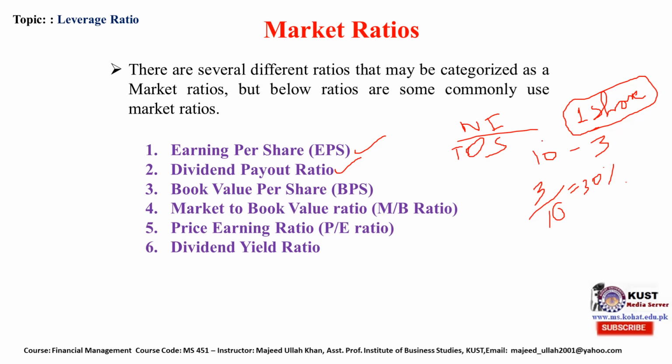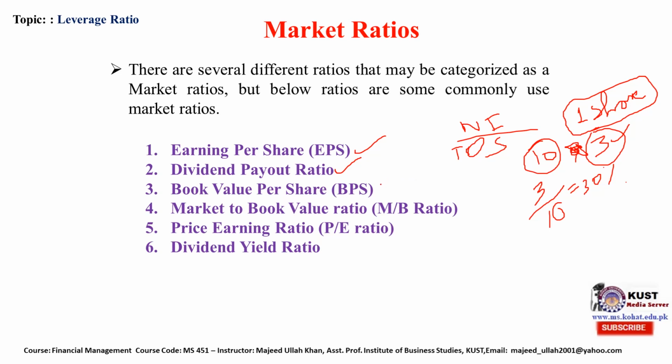Again, if a company earns 10 rupees on 1 share, the earning per share is 10 rupees, and the company announces 3 rupees dividend per share. Per share means if anybody holds 1 share, he will get 3 rupees. So this 3 rupees is dividend on each share. So 3 divided by total earning becomes a 30% dividend payout ratio.